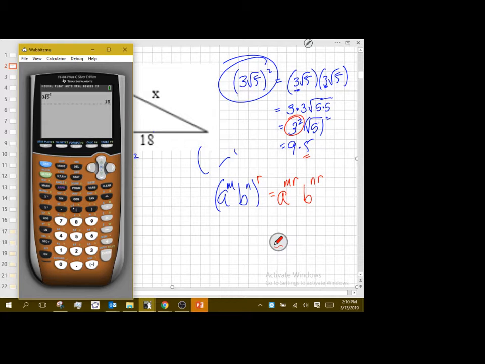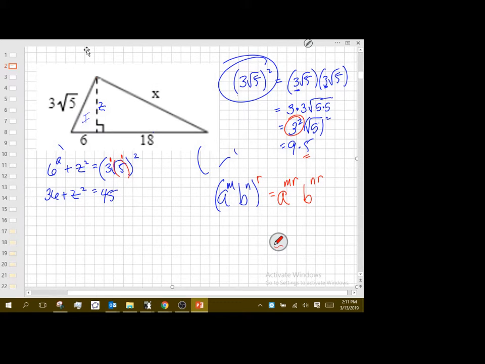We need to be directly behind all of that. We need to do something like that. Does that make sense? Now if I do that, I get my 45. Okay, so let's continue with the problem, and then we'll address the other issue.